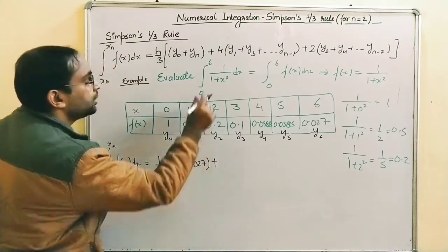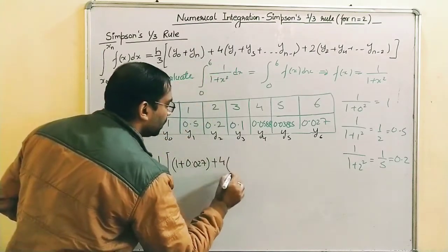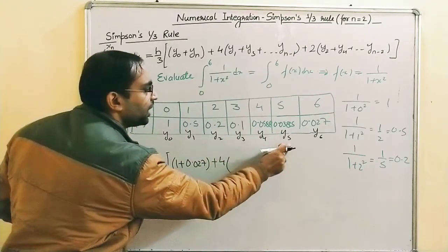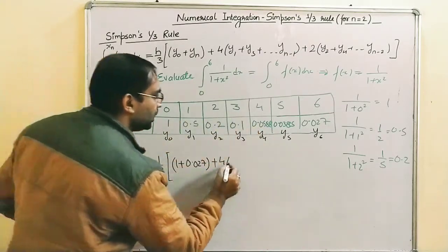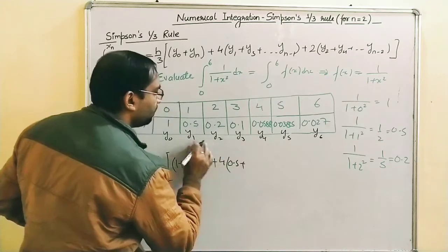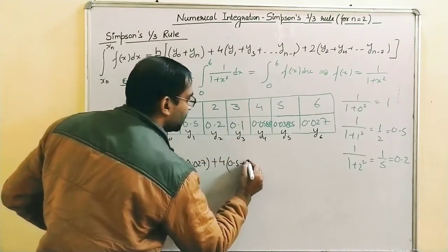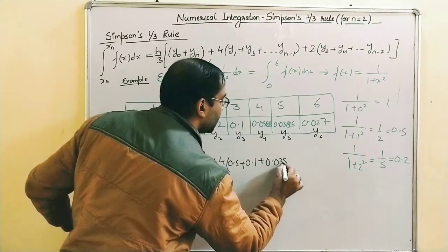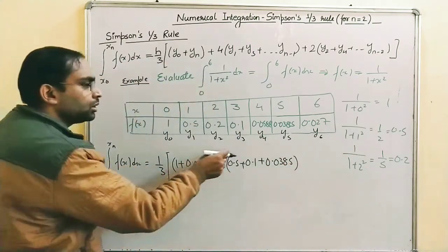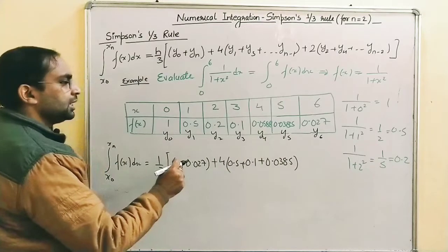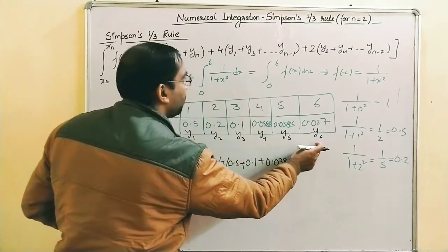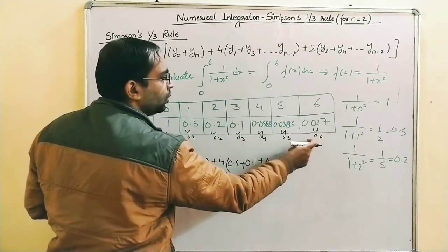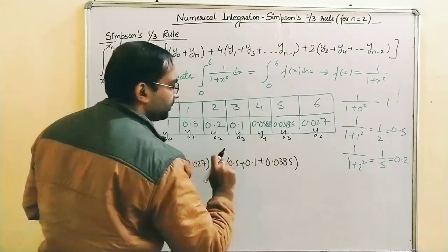0.027, plus 4 times. We have to take y1, y3 until what? We have y1, y3 and y5 here. So we have 3 values. This will be 0.5 plus 0.1 plus 0.0385. Remember, we have to go till y5 only, as here yn is y6 and we have to reach yn minus 1, that is y6 minus 1, which is y5.